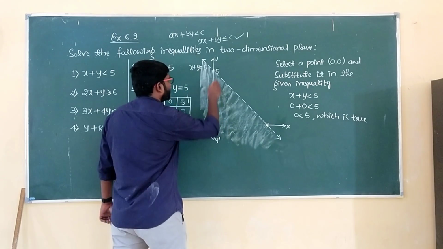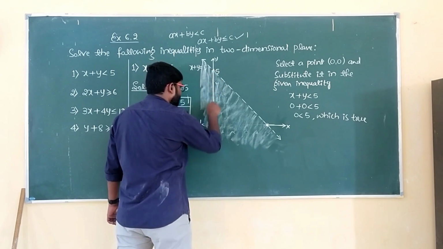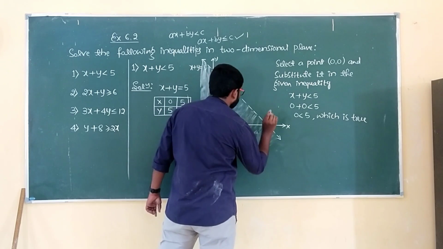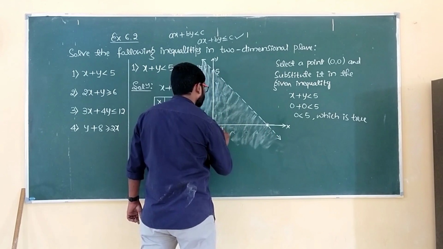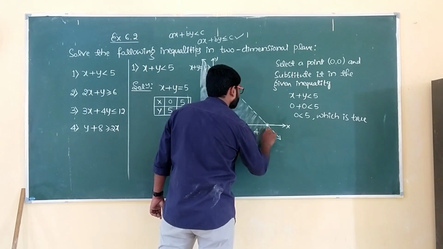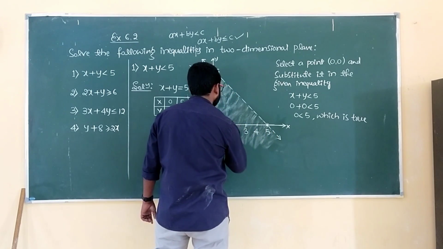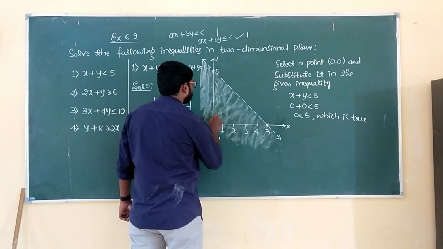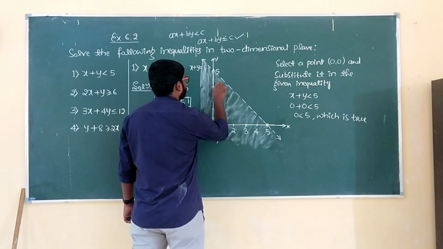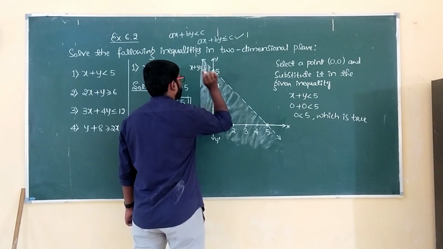So what we have done, we have shaded a region towards the origin. And we will mark the points here, 1, 2, 3, 4, and 5.